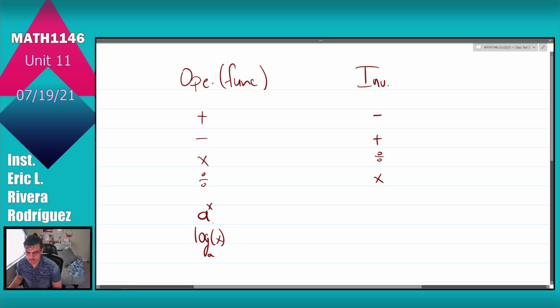The inverse function of the exponential function is the logarithmic function, and vice versa. The inverse operation of the logarithmic function is the exponential function, right?